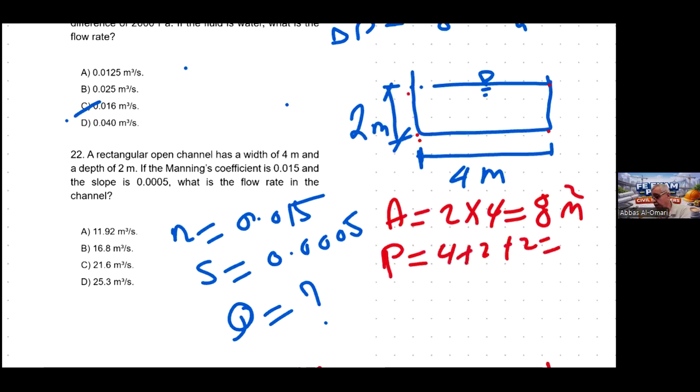Then R equals A over P, which is 8 over 8, which is 1 meter.